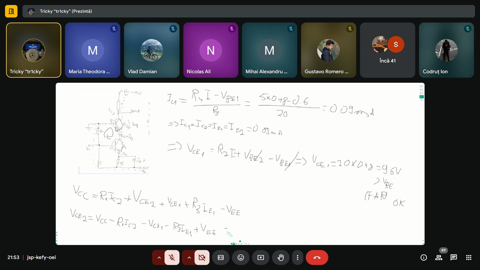All right, I'm sure this is going to give us an interesting value, and I'm sure it's going to be larger than VBE2. Also this is larger than VBE1.